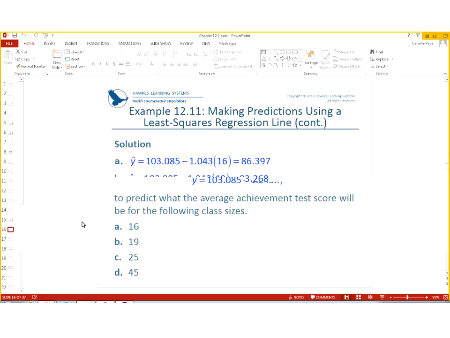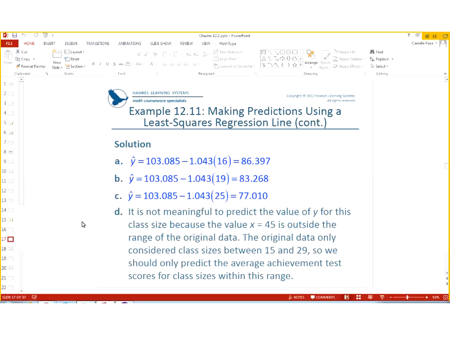All you do is plug in the number for x and solve for y, just like an algebra problem. For a class size of 16, we predict the test score will be 86.397. For a class size of 19, the score is going to be 83.268. And for a class size of 25, it's going to be 77.010.